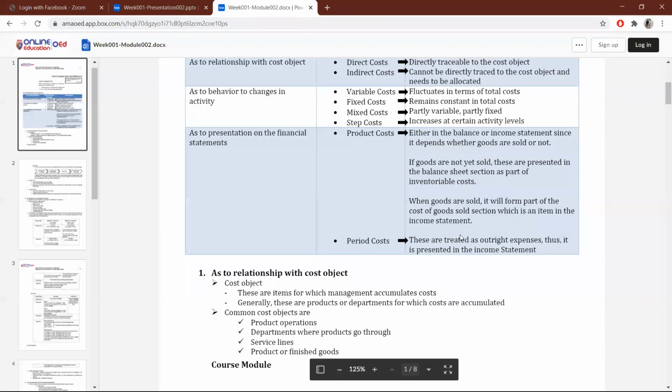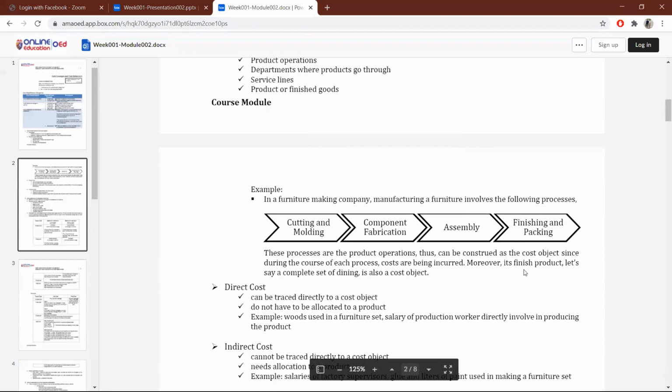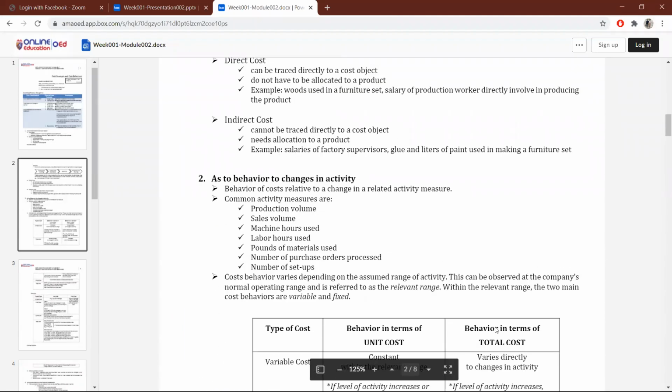So be ready for the discussion about the mixed cost. Class, the next meeting will be on Saturday at 8:30 a.m. Then starting next week, by Wednesday, I will give an activity, and every Saturday will be our discussion, as we discussed in our orientation. Okay?